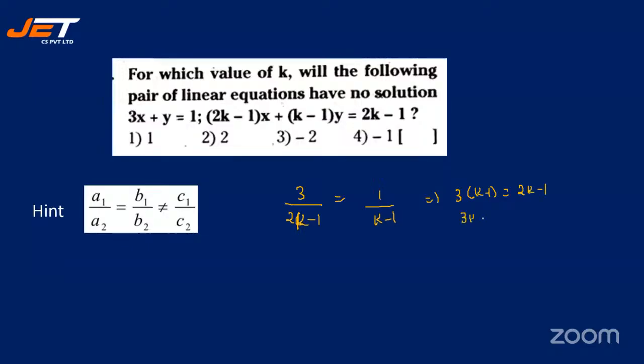So 3k minus 3 is equal to 2k minus 1. So 3k, when this goes to the other side, it becomes 2k. Minus 1, when this goes to the other side, it becomes plus 3. So k is equal to 2. All right. So your answer must be option 2.